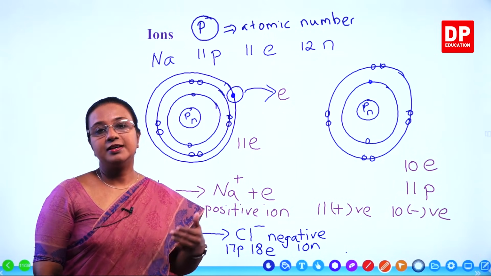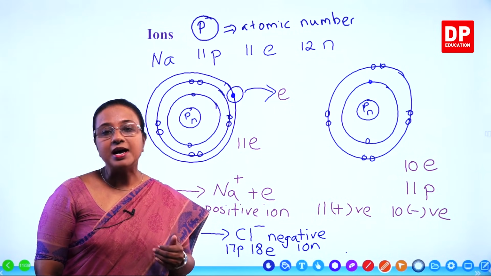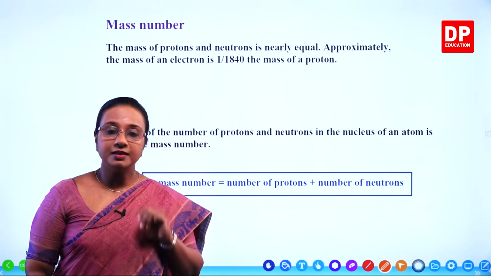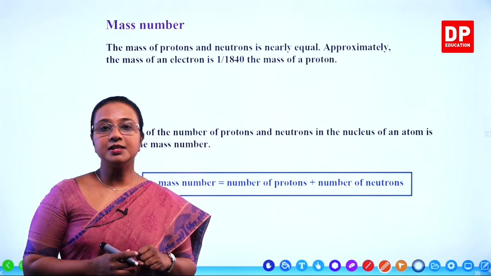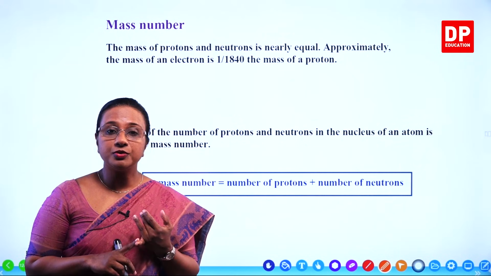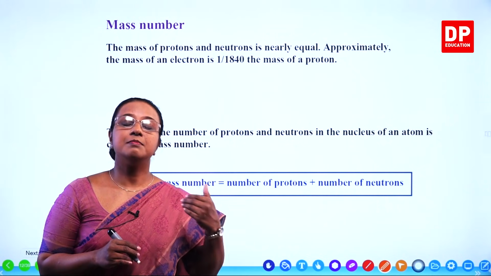Now we will look at the second property of atoms, that is the mass number. Now we discussed there are three types of subatomic particles, and out of those three particles, the protons and the neutrons have a relatively high mass.